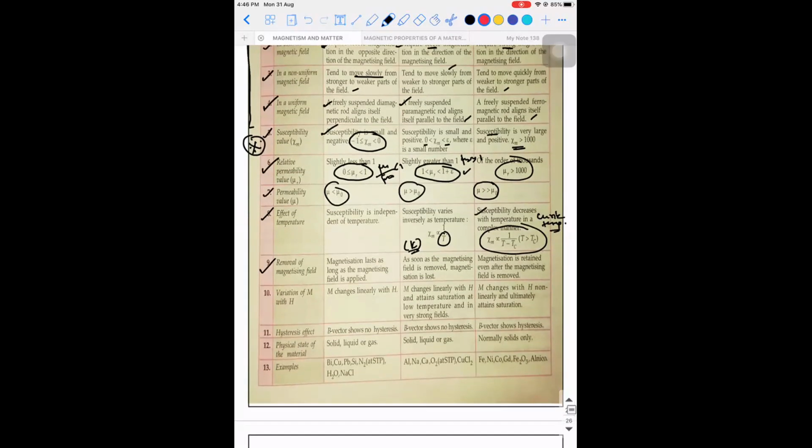Similarly, what will happen to a paramagnetic substance? As soon as the magnetic field is removed, its magnetization is also lost. Whereas what will happen with a ferromagnetic substance, for example, that nail which was attracted? It retains, because it has retentivity. Okay. Similarly, variation of M versus H, I will explain in the next class. Now, physical state of the material.